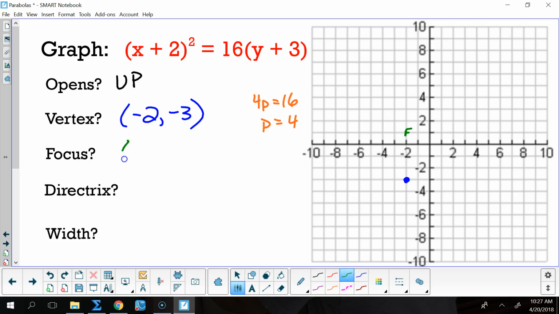So my focus is at -2 comma +1. Do we agree with that? My directrix is 4 down. That's a horizontal line, so that's y equals -7.